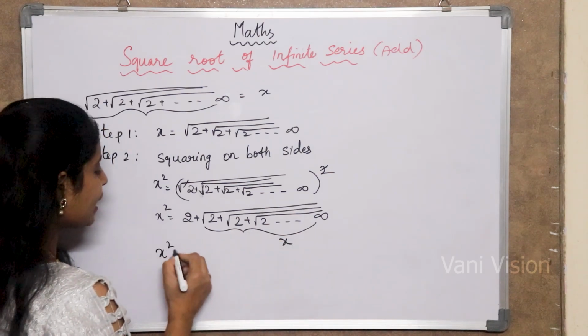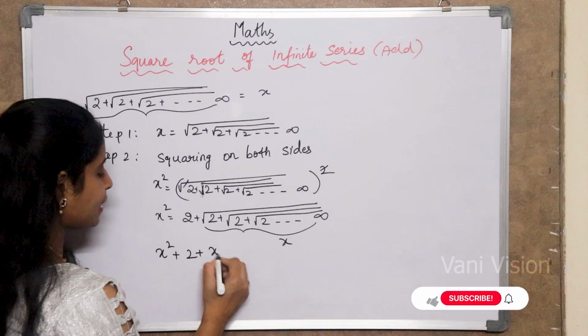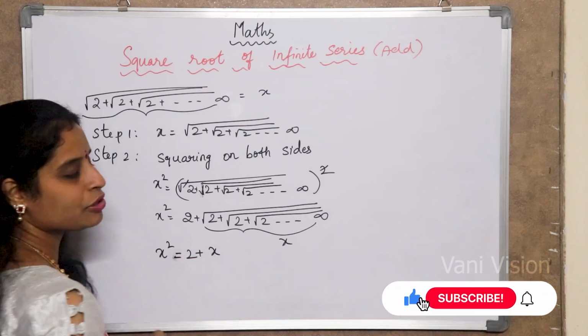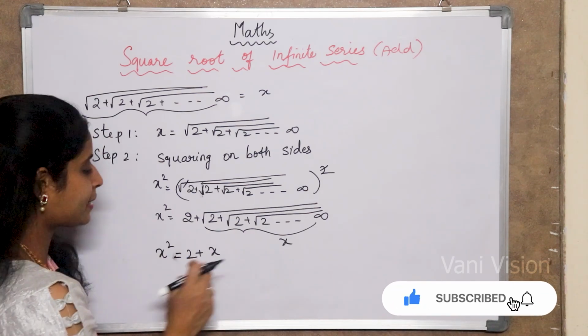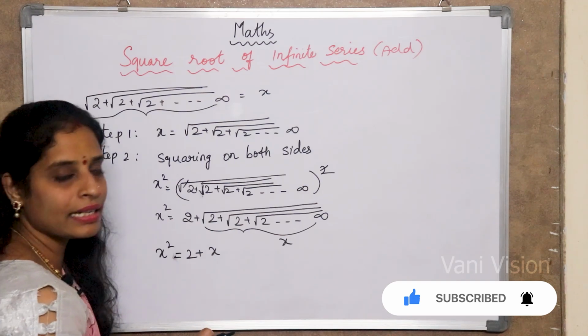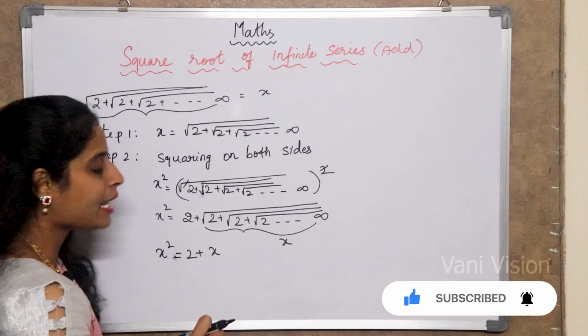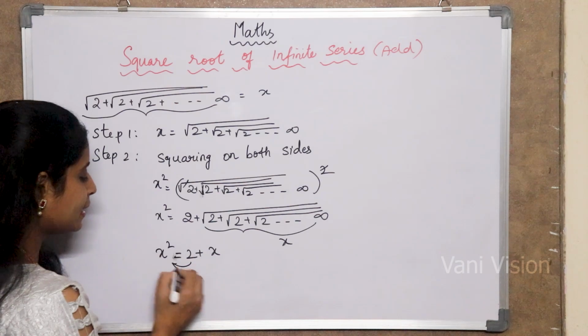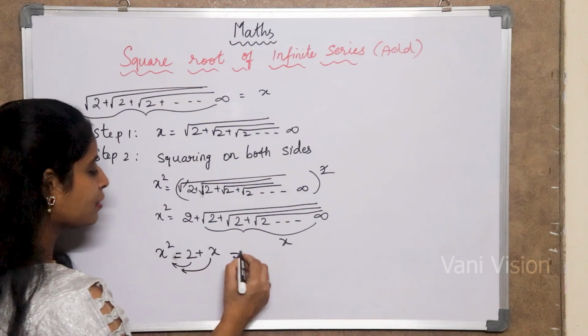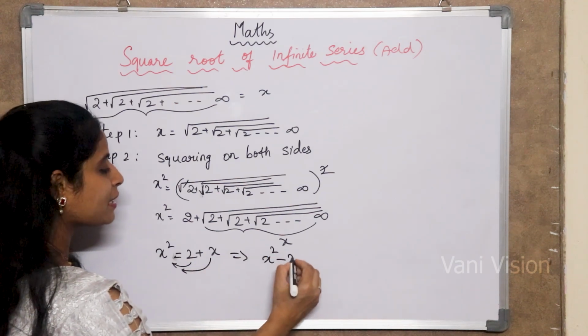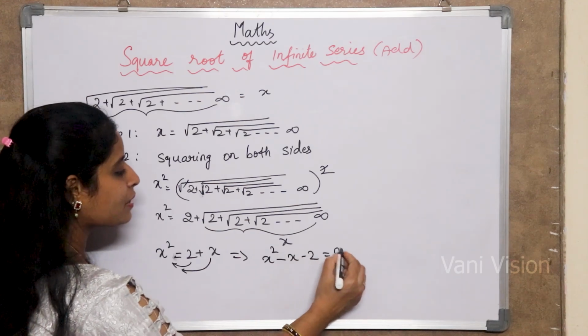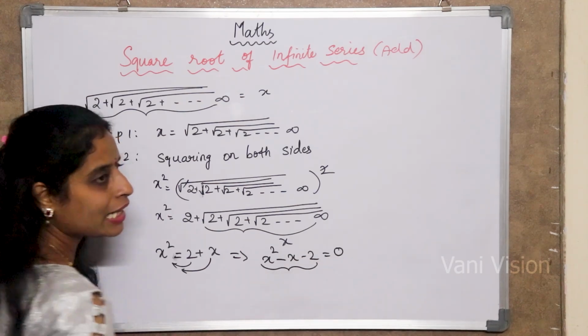So x squared is equal to 2 plus x. Now bring the 2 to this side, so it becomes x squared minus x minus 2 is equal to 0. This is a quadratic equation.